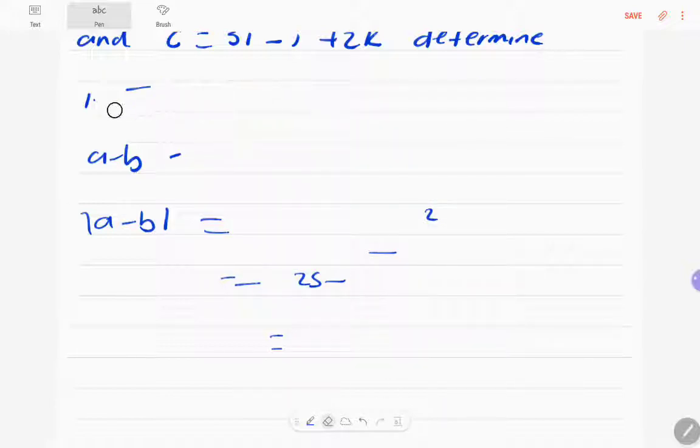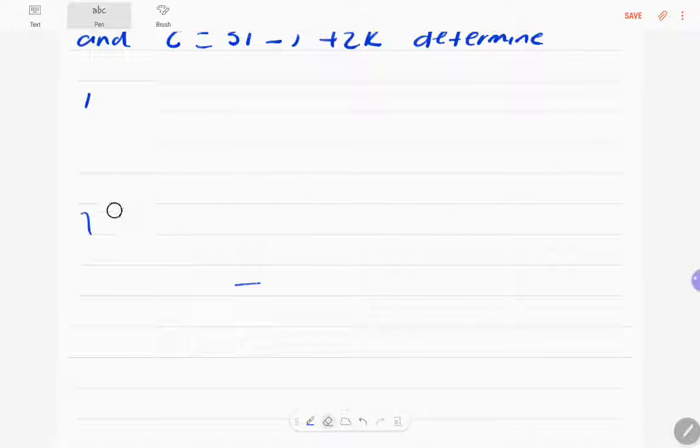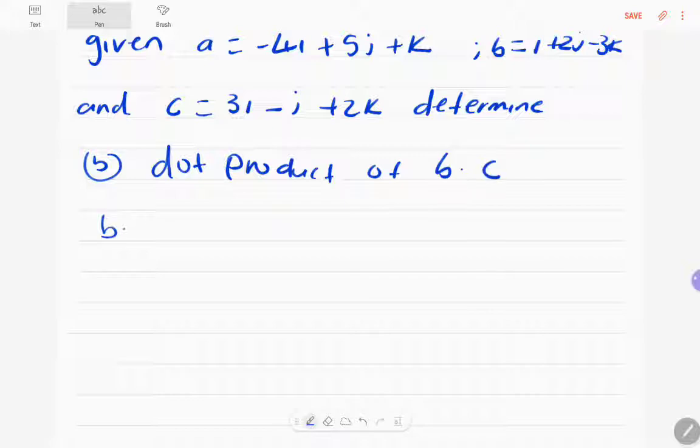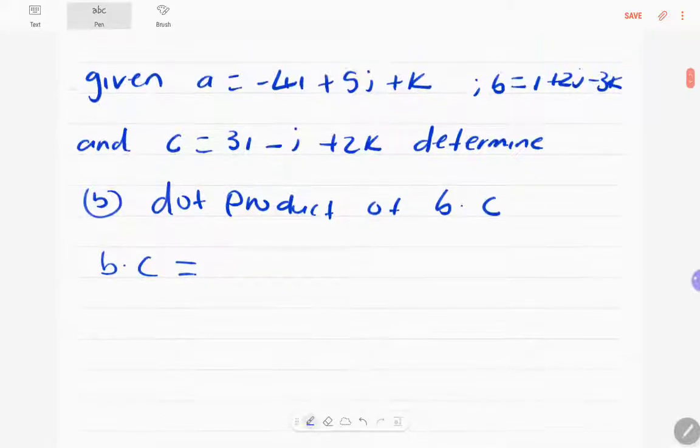The second question, we must find the dot product of B dot C. We have to calculate B and C. i times i, 1 by 3 is 3i. 2 by minus 1 is minus 2j.